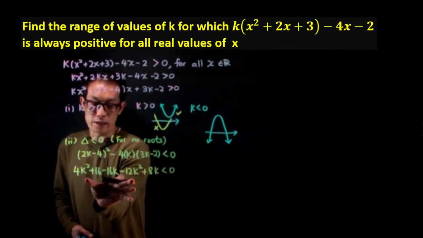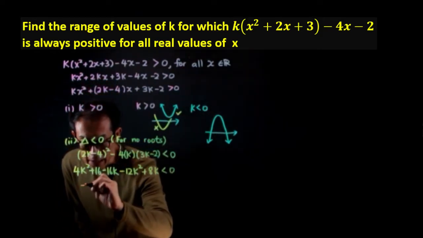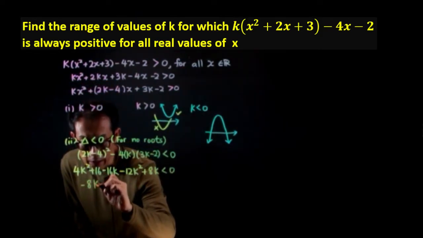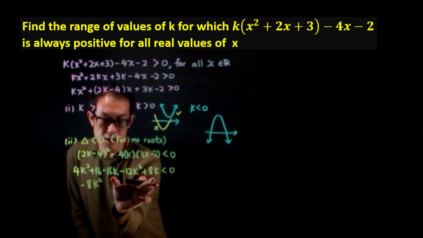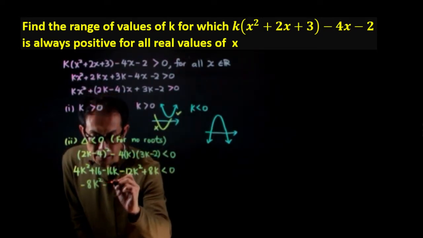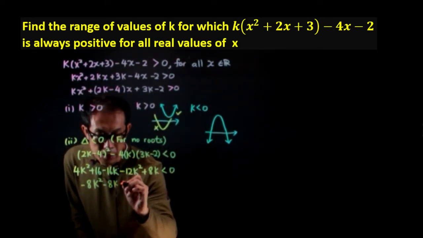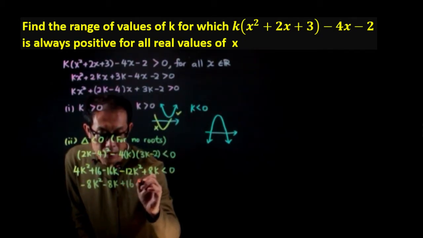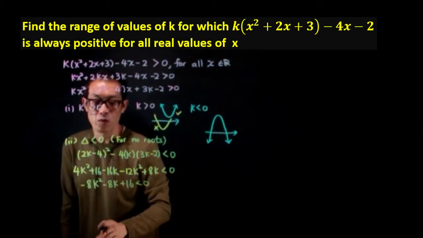Now these are two like terms, so I get minus 8k squared. This and this are like terms, so minus 8k plus 16 is smaller than 0.